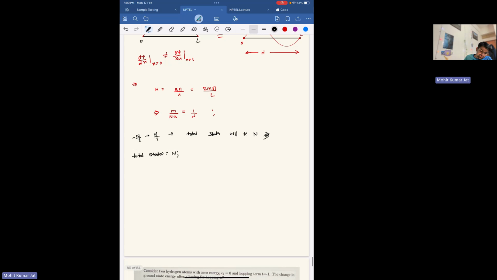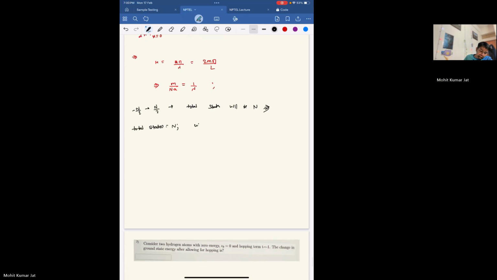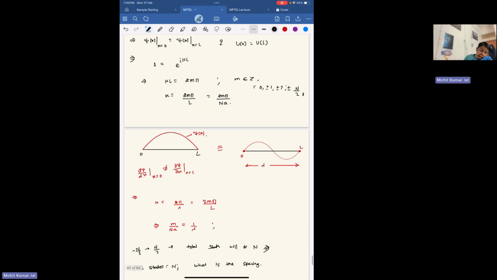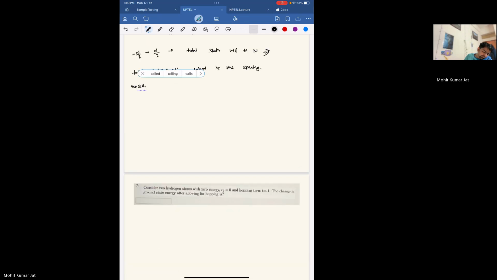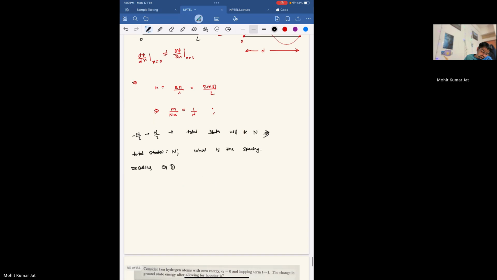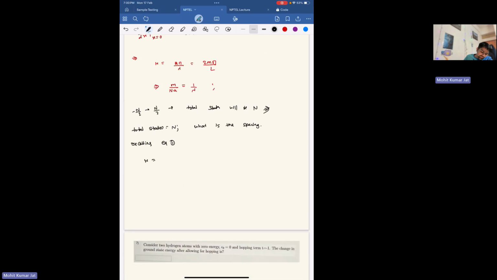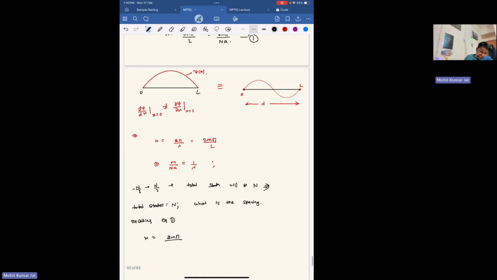The question asked is, what is the spacing? So recall equation number 1. Recalling equation 1, k will be 2m pi by NA.